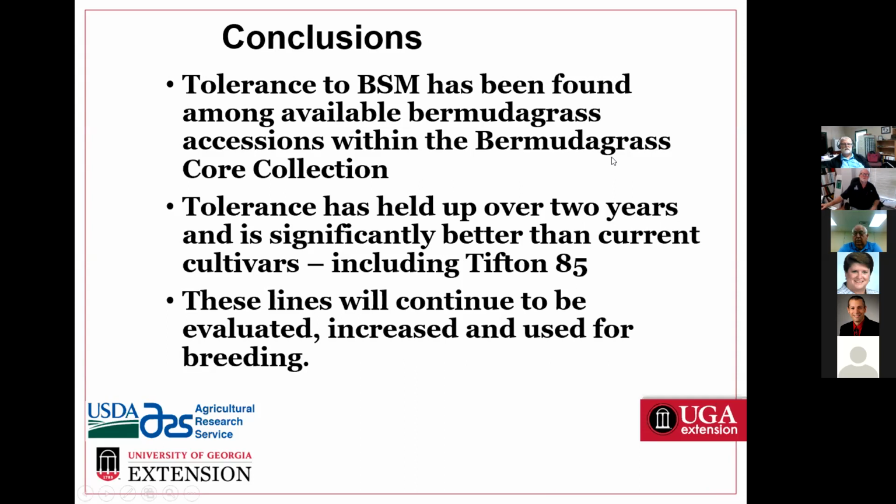And so we're working with Dr. Anderson to look at some of those promising materials at the station at Rome, and trying to identify not only material that is tolerant to the Bermudagrass stem maggot, but may also be productive in a colder temperature environment.